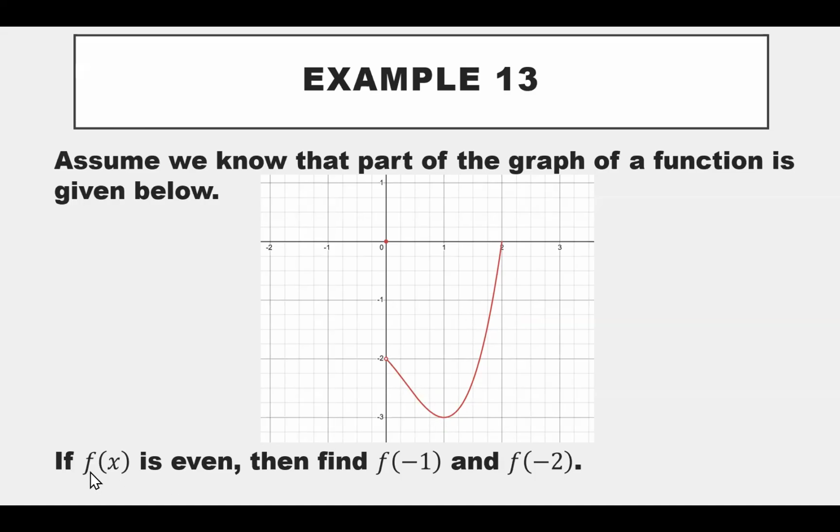We're going to say if f of x is even, then what is f of -1 and what is f of -2 given this graph? And then we'll do the same thing if the function is odd. We'll find f of -1 and f of -2.